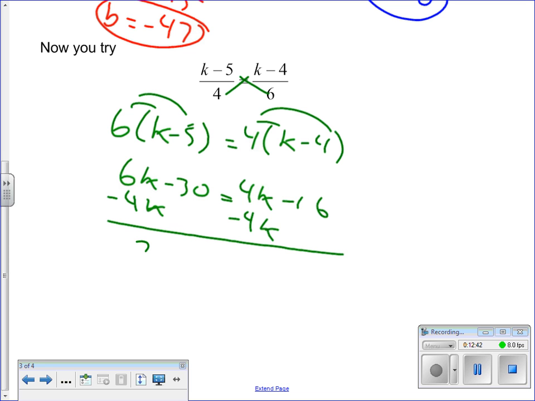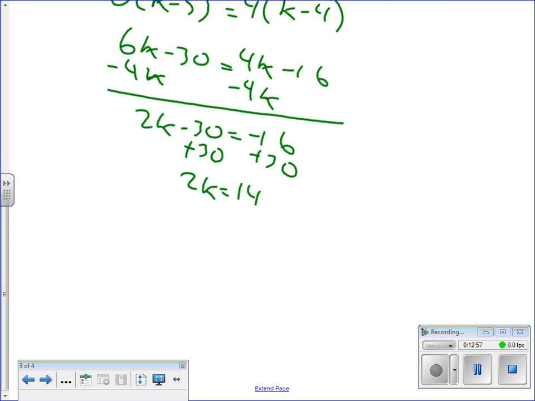And I get 2k minus 30 is equal to negative 16. Add 30 to both sides. 2k equals 14. Divide by 2. K equals 7.